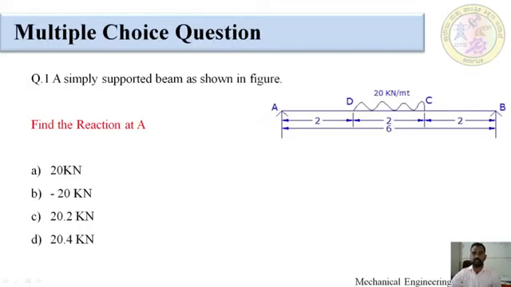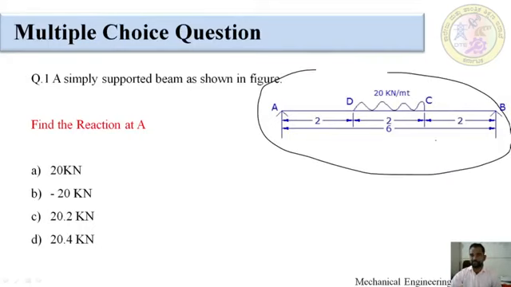The problem is a simply supported beam of total length 6 meter: 2 meter from left support to D, UDL from D to C of 2 meter, and C to right support B another 2 meter. Total is 6 meter.